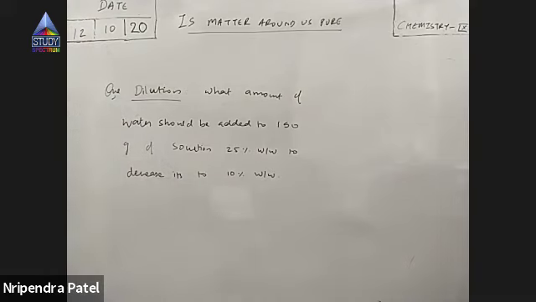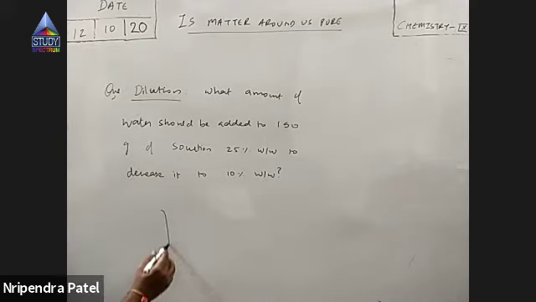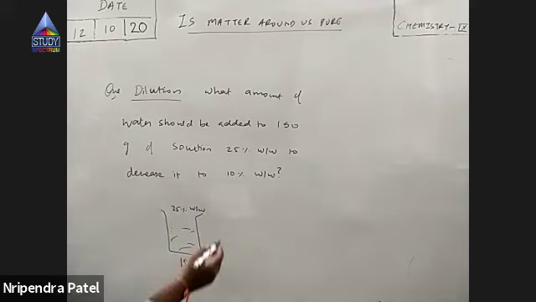What amount of water should be added to 150 gram of solution, which is 25% W by W, to decrease it to 10% W by W? There's a solution. 150 gram solution is this, right? It has a concentration of 25% weight by weight.